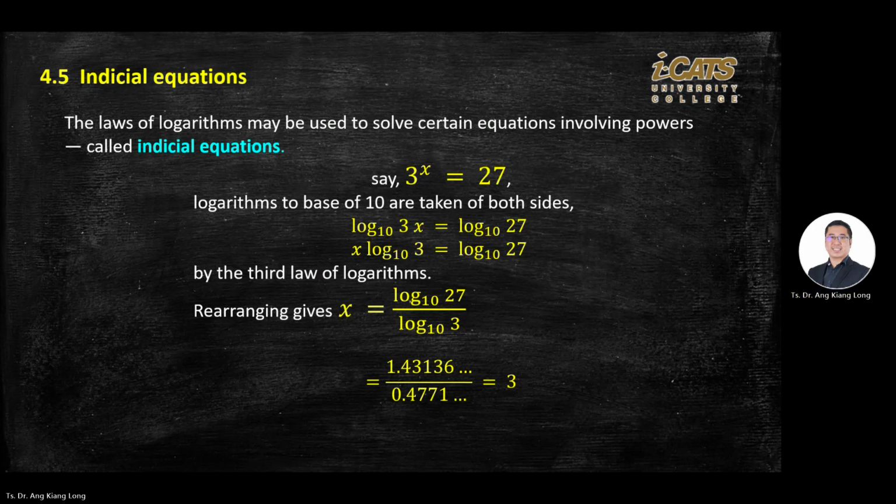Okay? So these are the normal strategies when you see something power x. The unknown is your x, power something. The next step is always to go for log. What method?